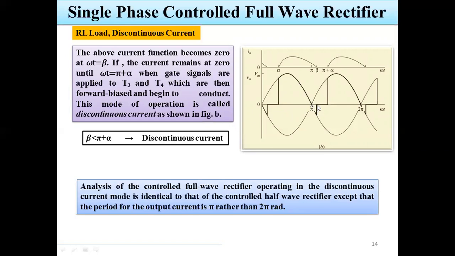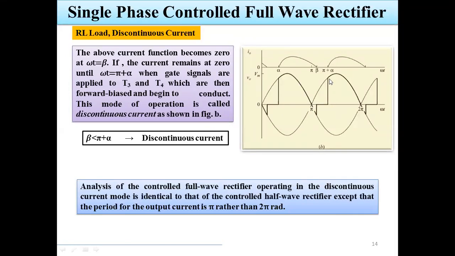Why? Because due to the inductor present in the load circuit, the negative peaks come across the output waveform. Again at pi plus alpha, T3 and T4 are turned on.